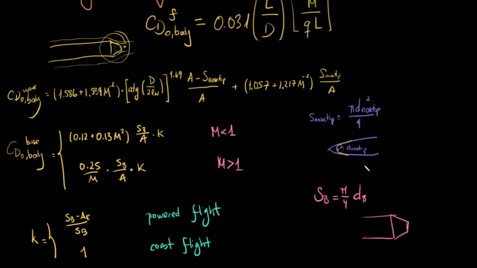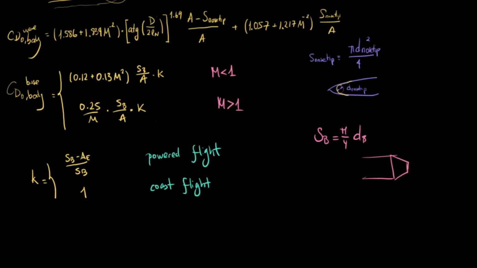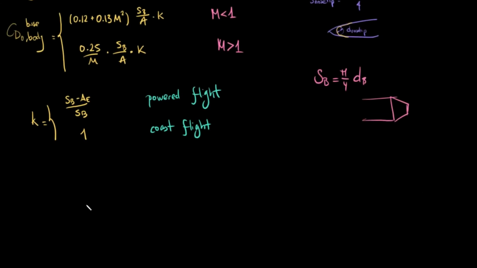Let me draw this larger, because there's a new variable here as well. Okay, so this is the end of our rocket. This is the nice boat tail. And then inside here we have a nozzle.